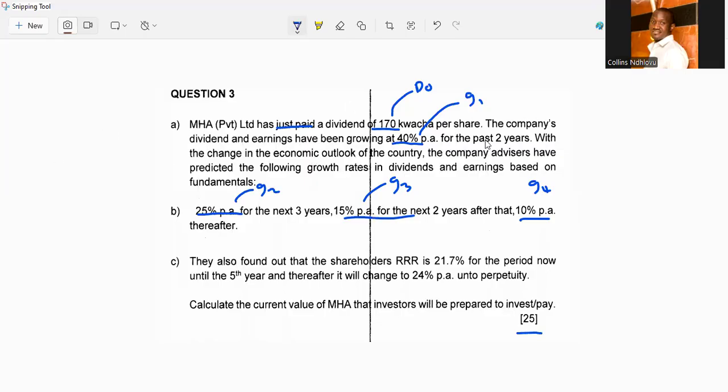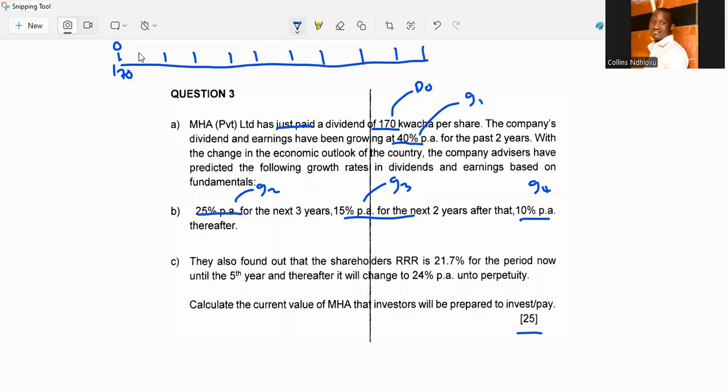So the declared dividend is how much? 170. So we're going to use our number line. Year 0 is starting with a 170. Then for the subsequent years, this is for the past 2 years. So 1, 2, 3, 4, 5, 6, 7, 8, 9.